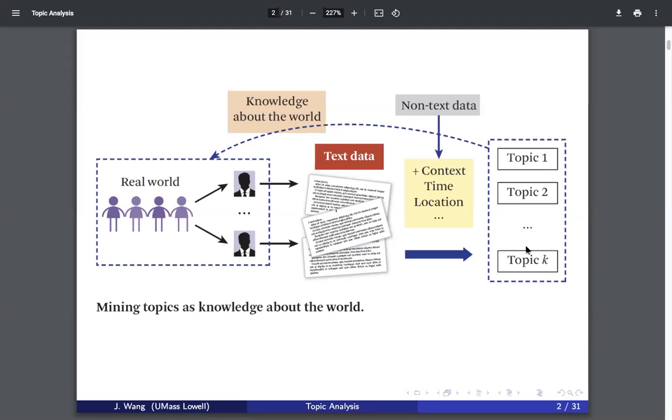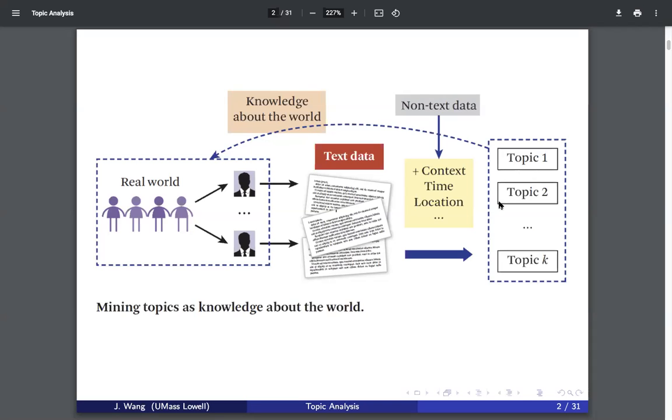All right, so sitting here in the middle is text data. Think of text data as a corpus of documents, a collection of documents, and later on we can also look at single documents. We have a collection of documents and we want to put a label on each document according to their topics.